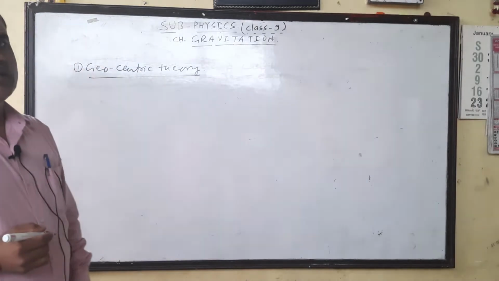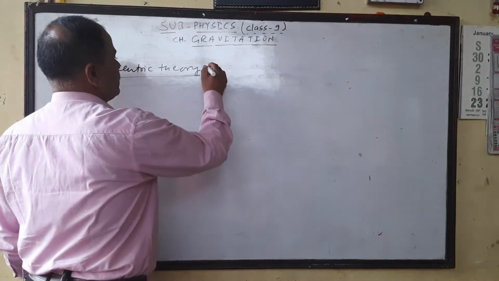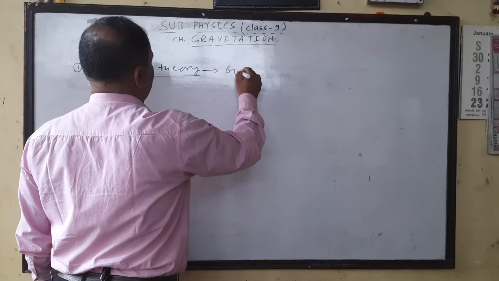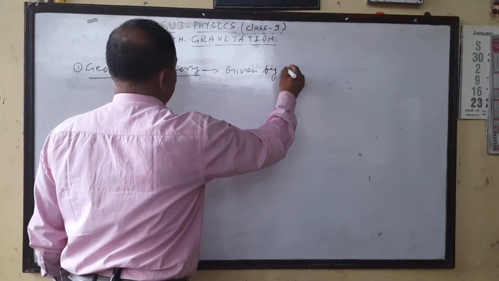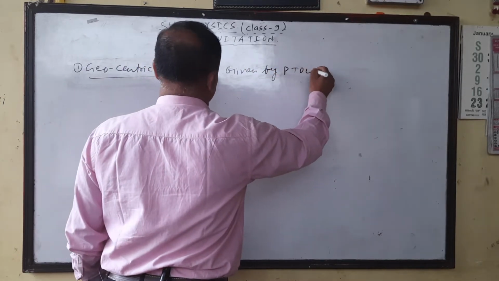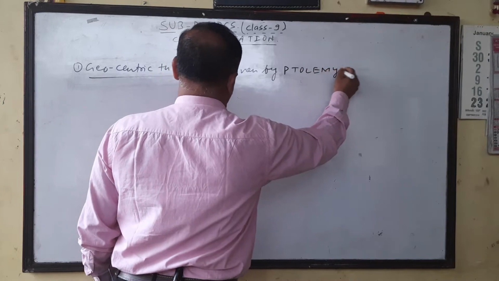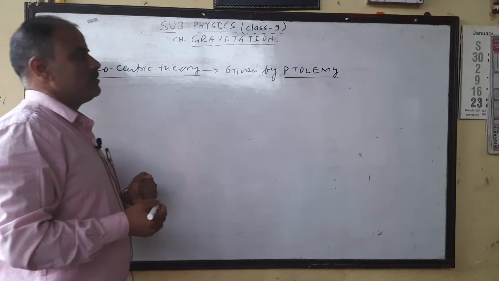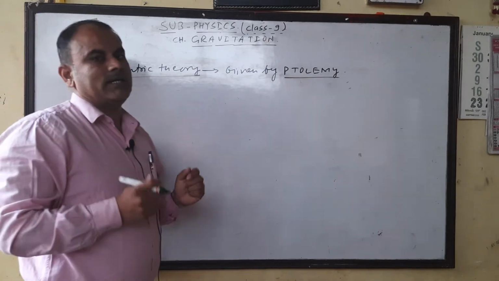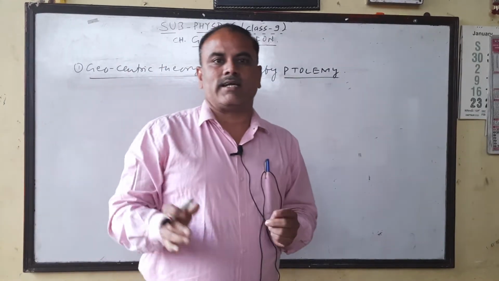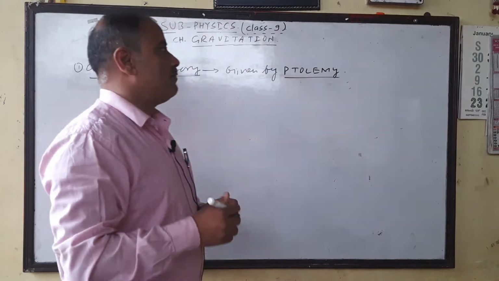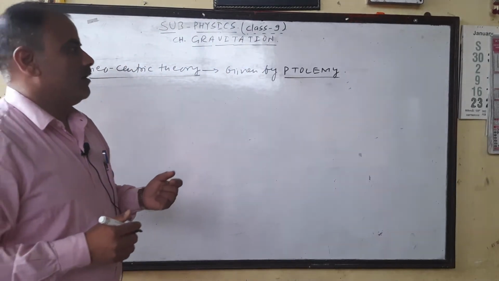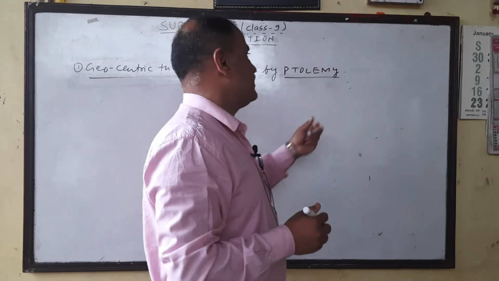Geocentric theory is given by Ptolemy. According to this theory, geo means earth and centric means center. Earth is present at the center and the sun is revolving around it. But due to a lack of experimental evidence, it was rejected.